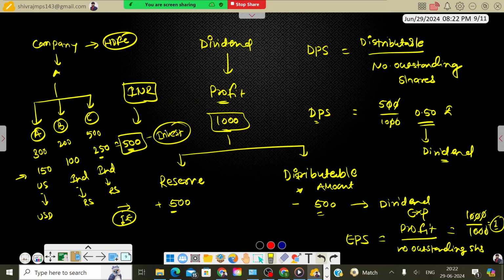Instead, it distributed the entire amount, and now it is looking for funds and has decided to raise them through bond instruments. This will affect the company's profitability, because in coming time it will have to pay interest payments as well. So those things are very, very critical.